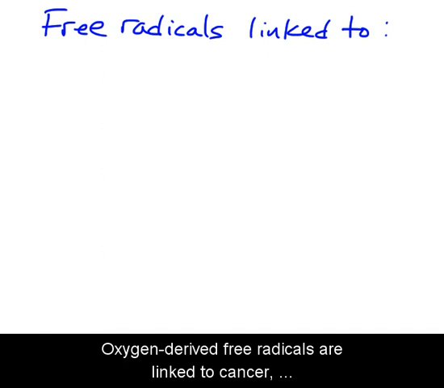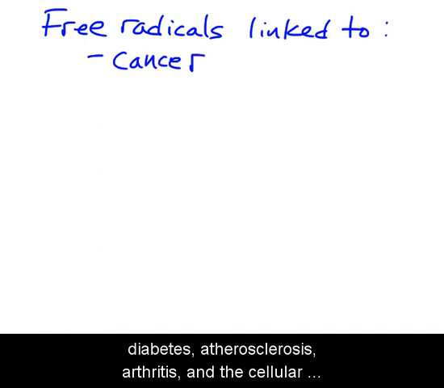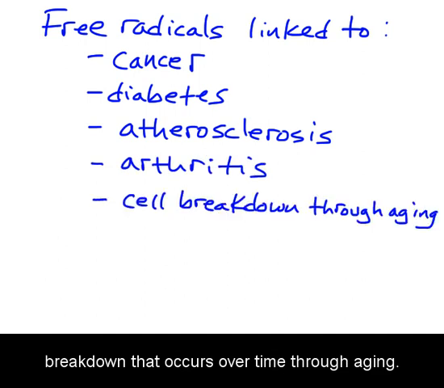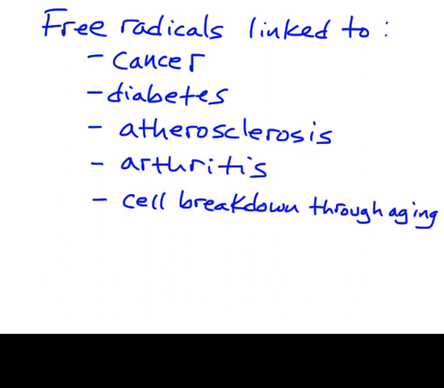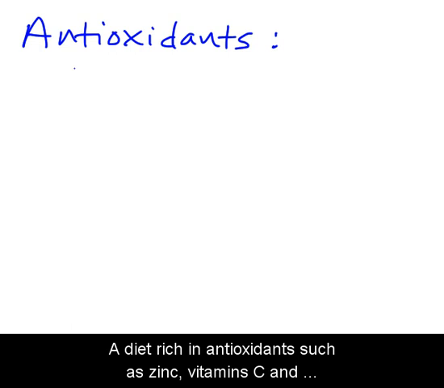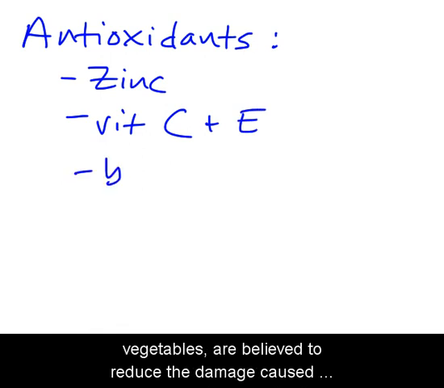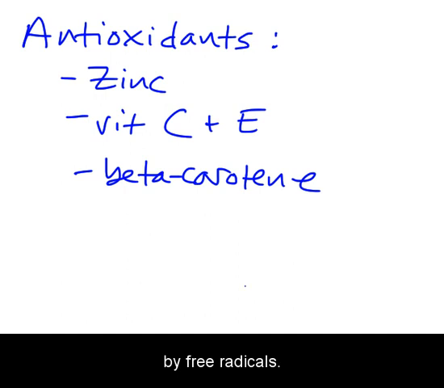Oxygen-derived free radicals are linked to cancer, diabetes, atherosclerosis, arthritis, and the cellular breakdown that occurs over time through aging. A diet rich in antioxidants, such as zinc, vitamin C and D, and beta-carotene, found in a variety of fruits and vegetables, are believed to reduce the damage caused by free radicals.